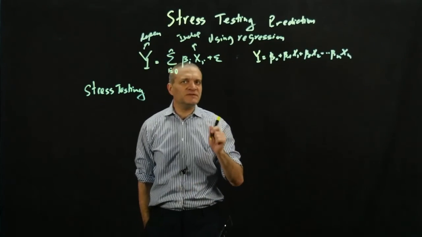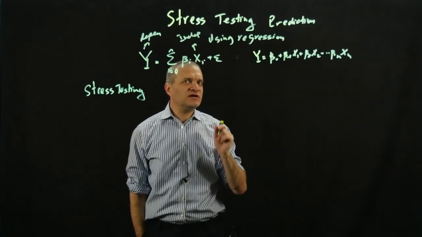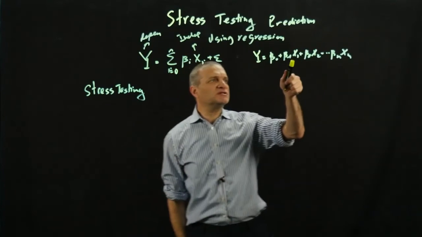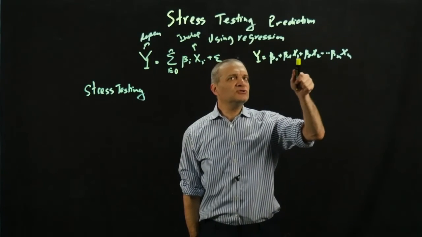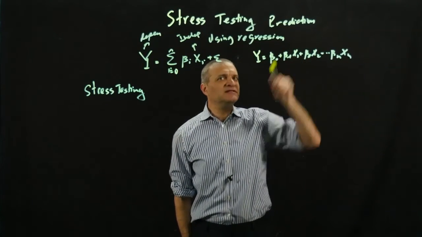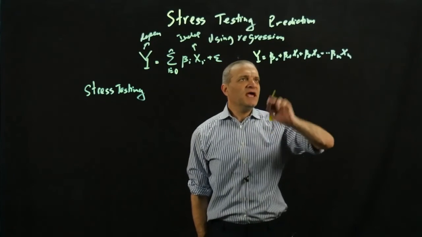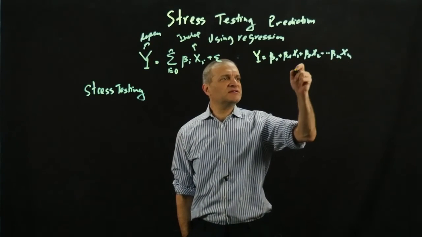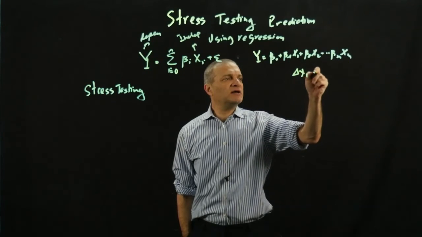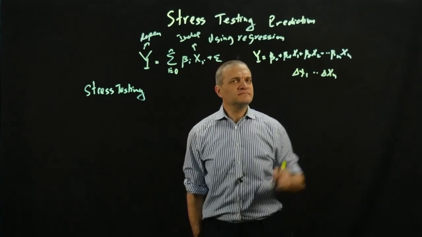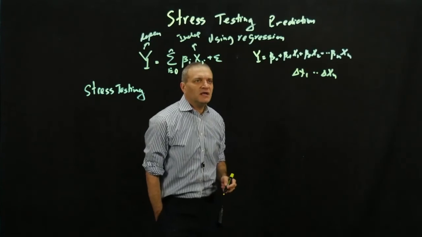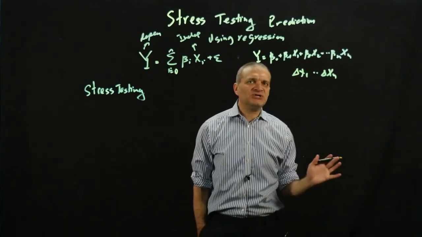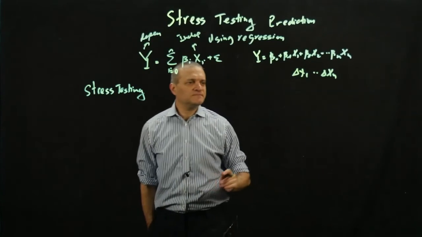This is a little different from straightforward predictions, because in predictions you just assign not changes but the level of x. Here, instead of levels of x, I want to look at delta x1 to delta xn. It's not much harder, but it's a little different.